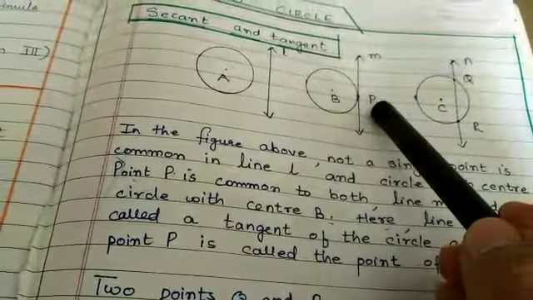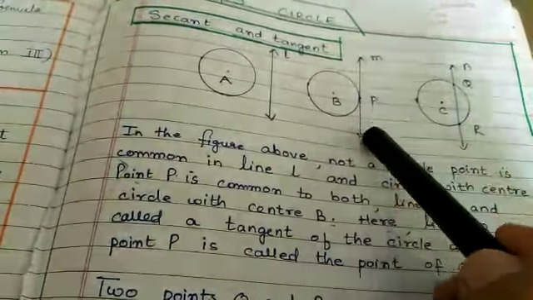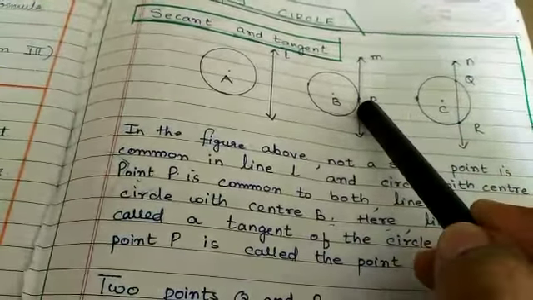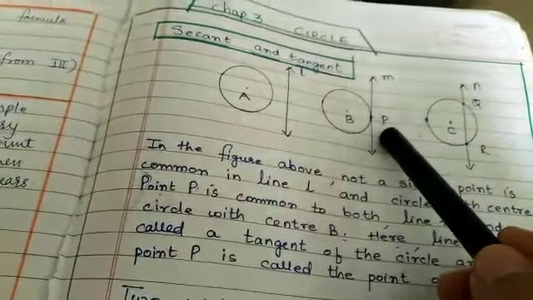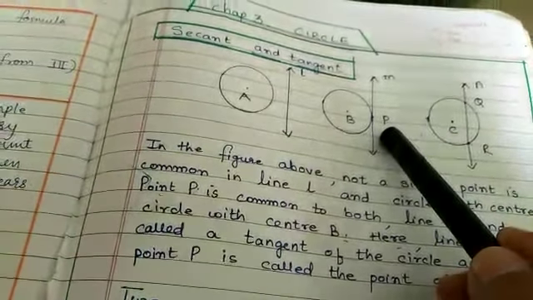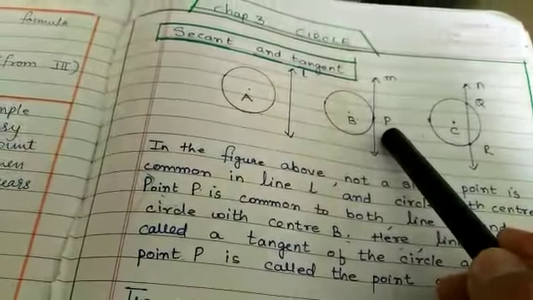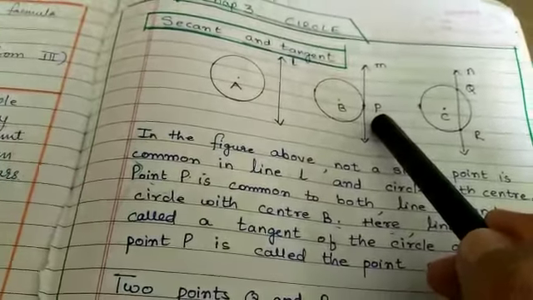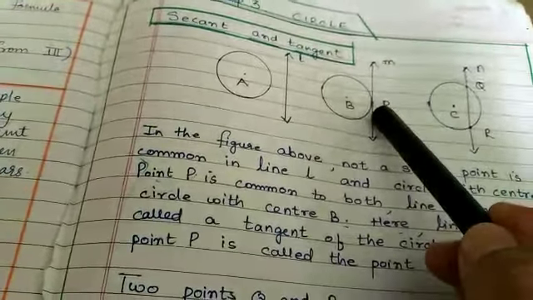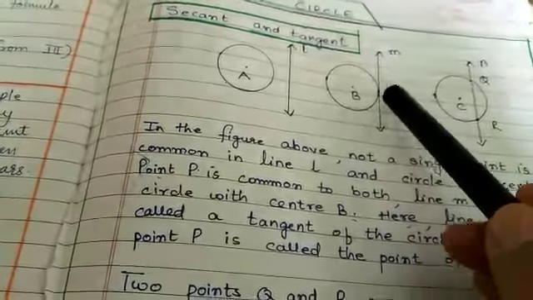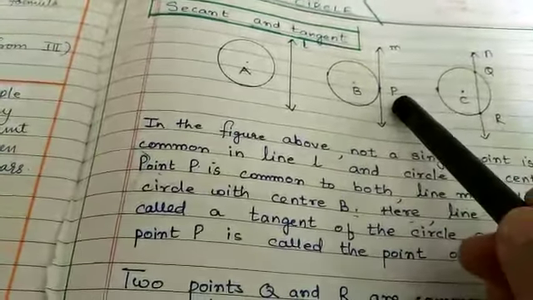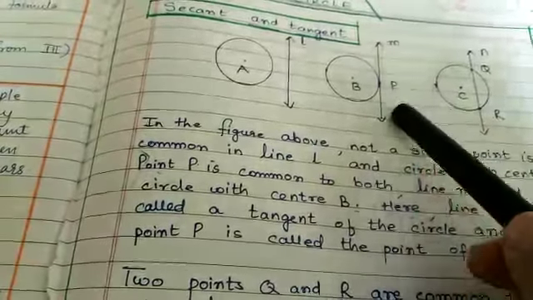Then how many tangents can be drawn? We can draw only one tangent passing through the point P. If a point lies on the circle, then from that point we can draw one and only one tangent.